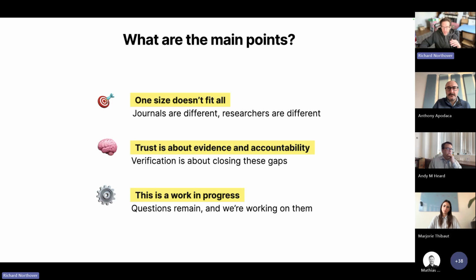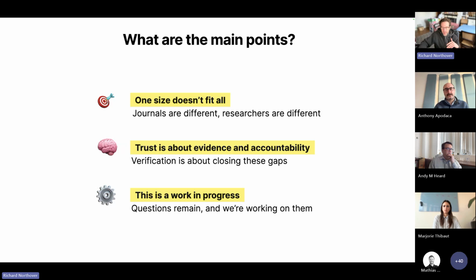So what are the main things I want to say here? Well, firstly, there is no single magic answer to this because all journals have different needs on the one hand, and researchers across the world are highly variable in what they can do to prove that they are who they say they are.